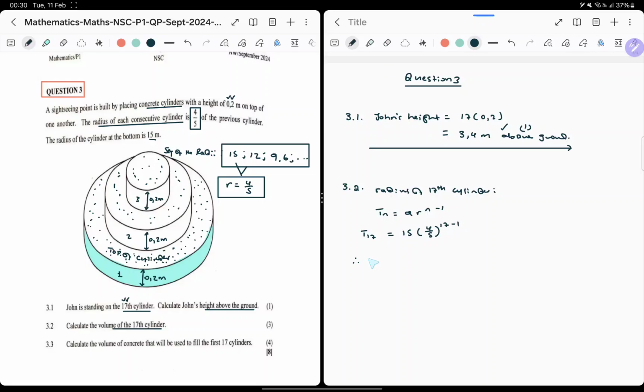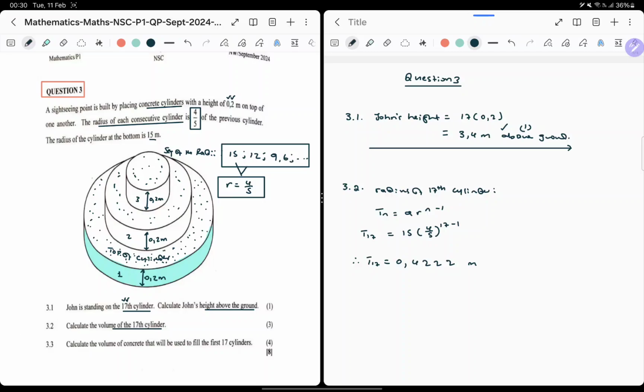Therefore T17 is 15 into 4/5 all to the exponent 16. So this gives us 0.4222 meters, because this is the radius, isn't it?